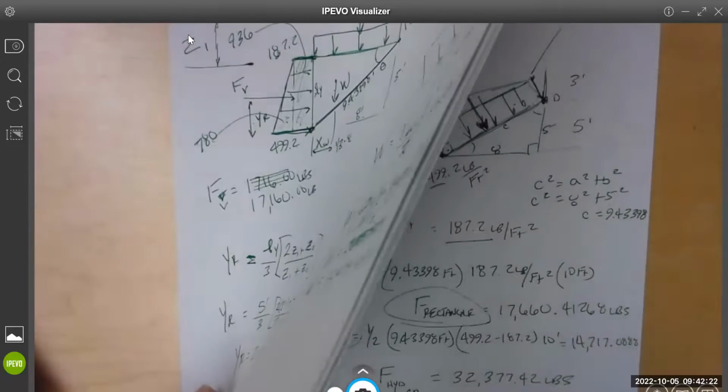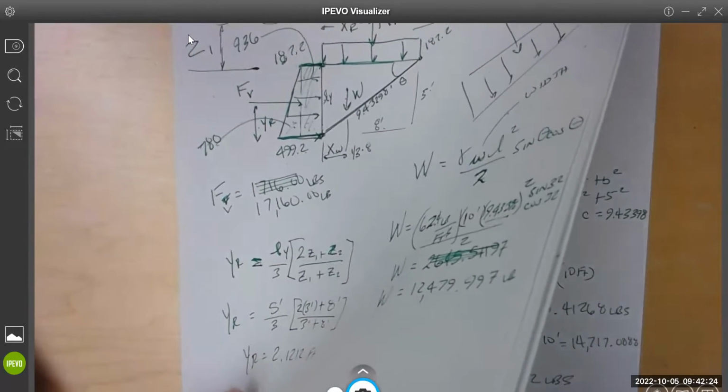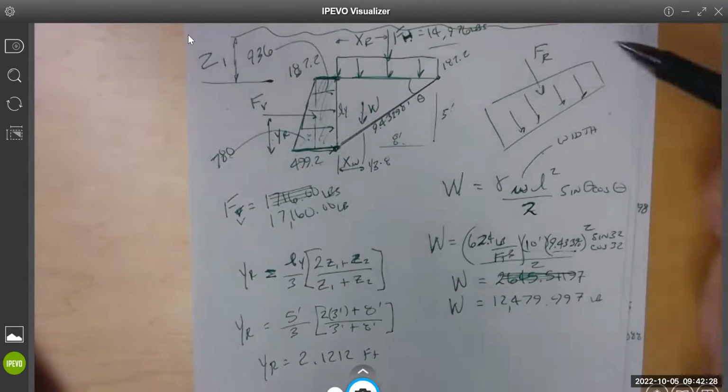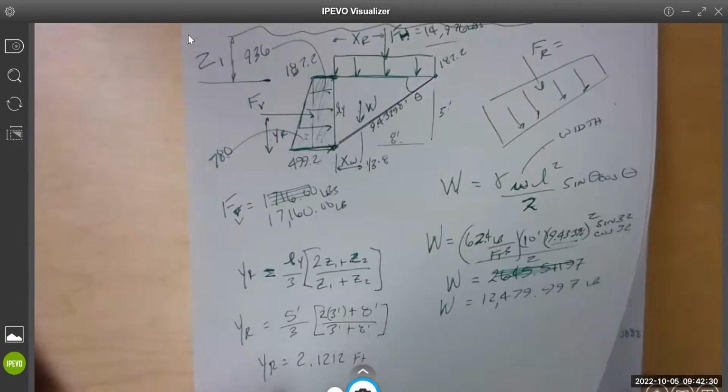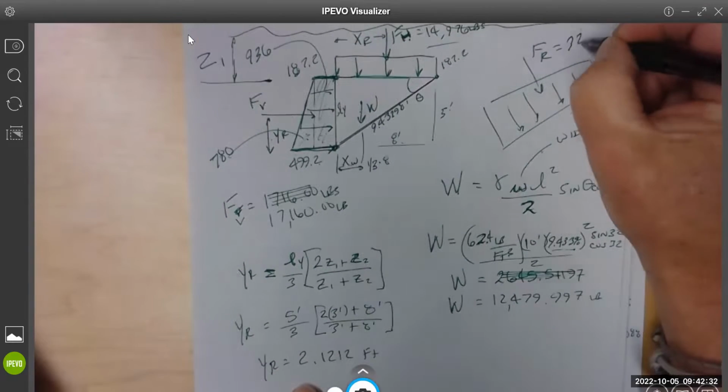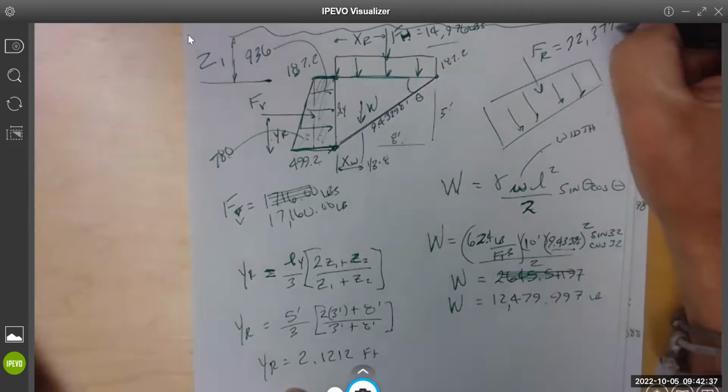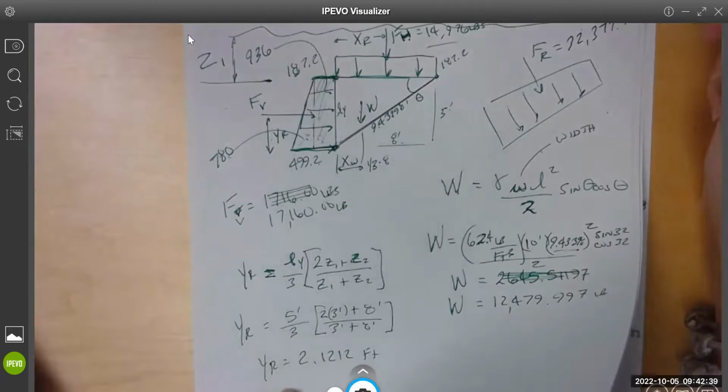And our resultant force was 32,377. So that's this F sub R. 32,377.42.